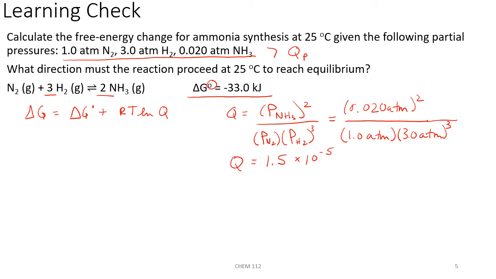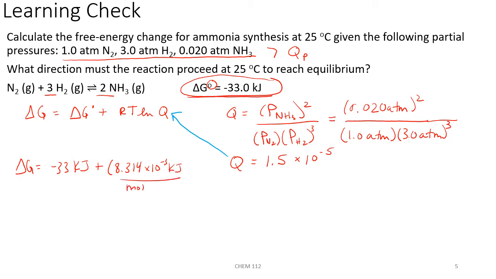So now we can substitute that value of Q into our equation to get our delta G at non-standard state conditions. Delta G will be equal to our Gibbs free energy in the standard state conditions, which is negative 33 kilojoules, plus R, our gas constant, which is 8.314 times 10 to the negative third kilojoules per mole times Kelvin, converting joules into kilojoules.